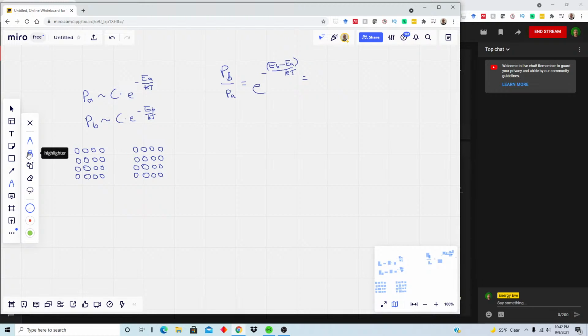Okay. We want to compare these two systems. A normal system like this is going to have some energy to it. We'll just call it epsilon naught for now.